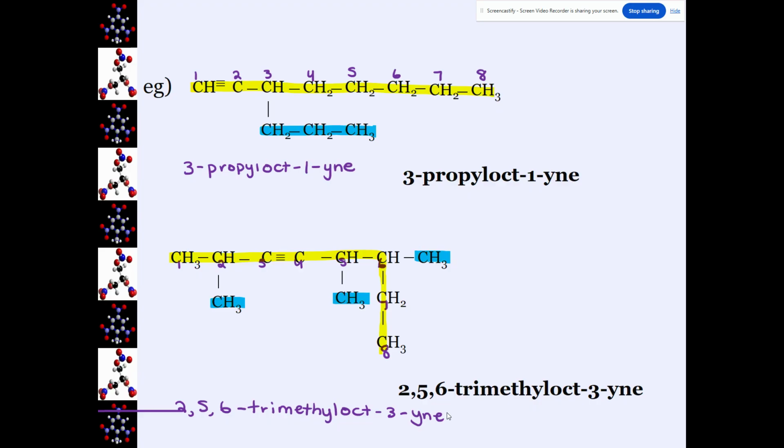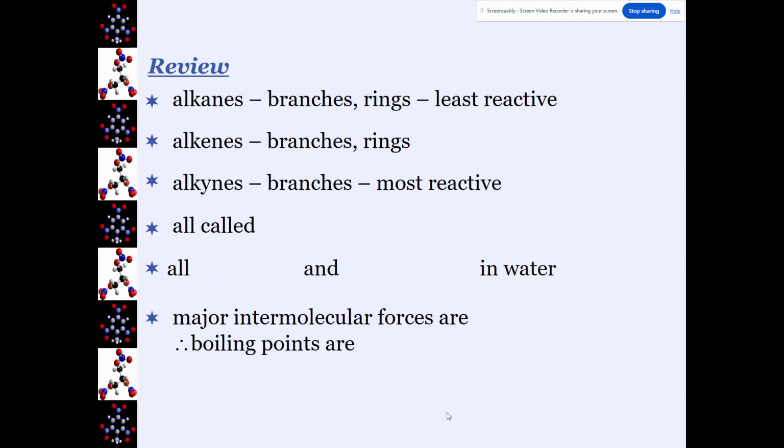There's no cyclic structures we're going to look at for those. Here's just a quick summary again of the different hydrocarbons we've looked at so far. Alkanes, alkenes, alkynes. They are all considered what we call aliphatics. This is different than what we're going to talk about in the next lesson, which looks at something called aromatics. So your compound is either aliphatic or aromatic. If it's not aromatic, it's aliphatic.